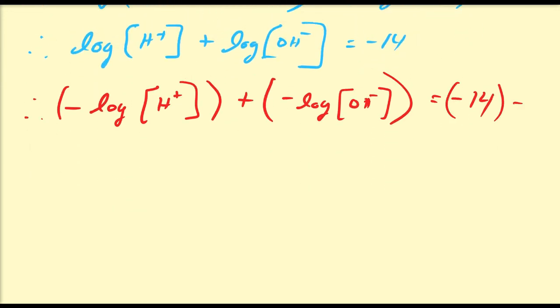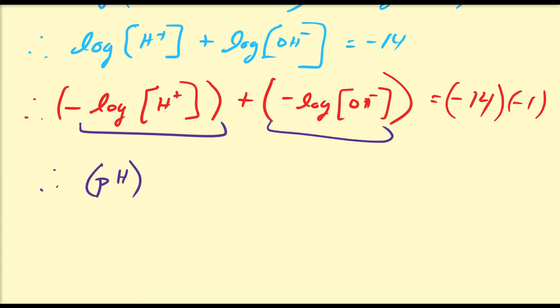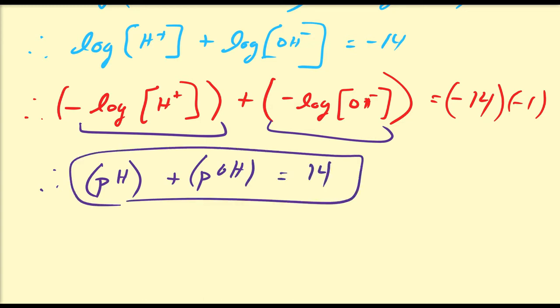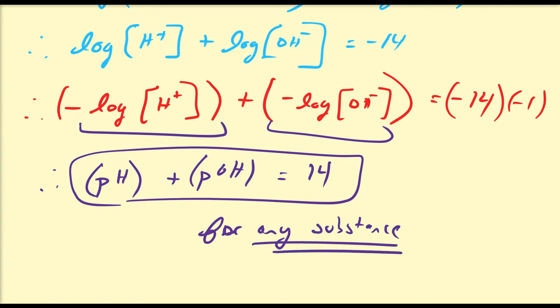The opposite of that. So this, by definition, is pH. This right here is pOH, by definition. And that must be equal to 14. And that's for any substance. Great.